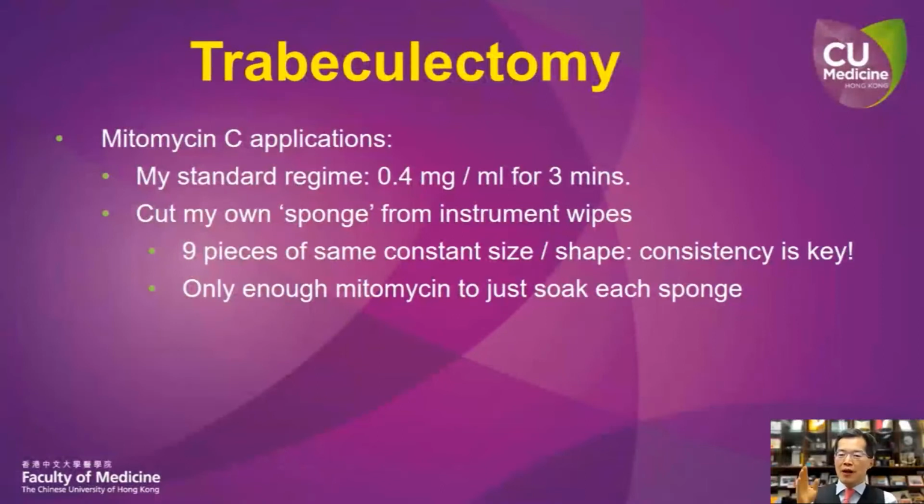In other words, I apply only enough mitomycin to just soak each sponge. When I take up the sponge, it is wet, but it should not be dripping mitomycin. Okay? By doing that, I will be applying mitomycin only to those places where the sponge is, and I won't be flooding the wound with mitomycin. The whole aim of this is that I try my best not to allow the conjunctival wound edge to be exposed to mitomycin, because that would affect long-term wound healing.